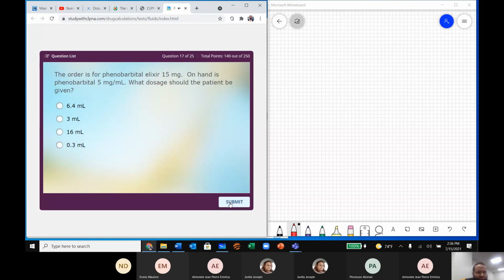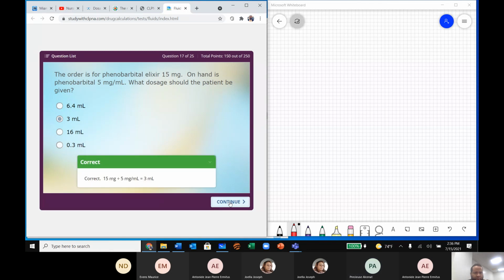Let's do the next problem. The order is phenobarbital elixir, 15 milligrams. On hand is phenobarbital 5 milligrams per ml. What dose should the patient be given? It's 3 milliliters. This is a pretty easy exercise, right?